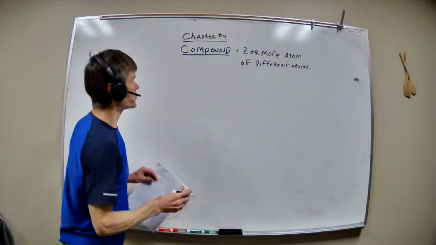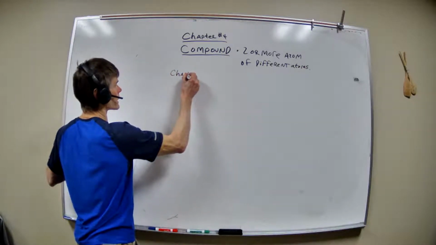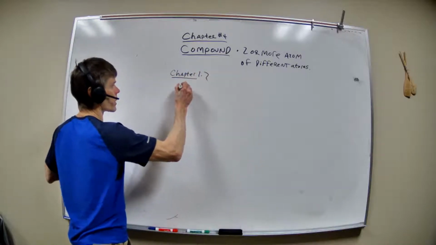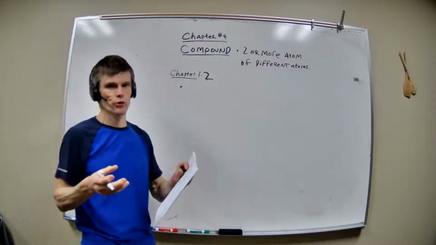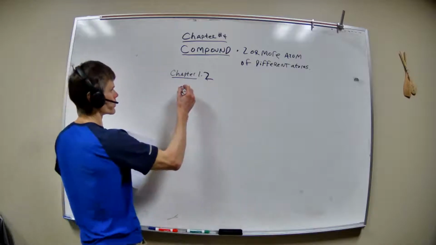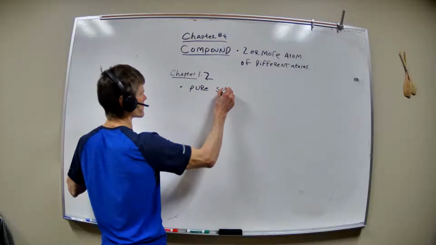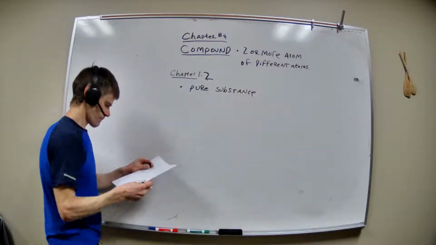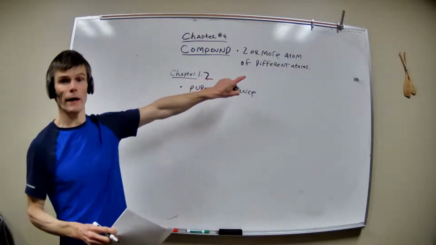Now, as you recall from chapter 1.2, we classified a compound, a substance that's two or more atoms that are combined together, as being a pure substance. And we also said, once again, that it's composed of two or more atoms.